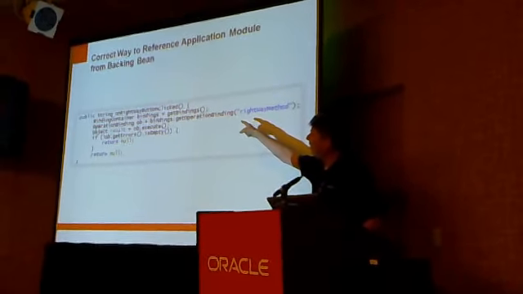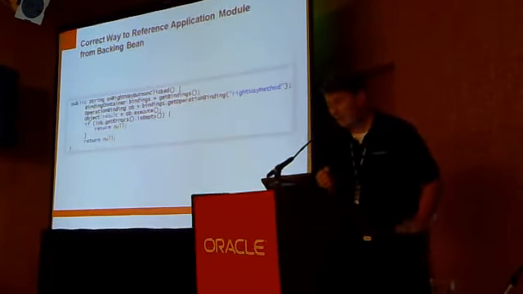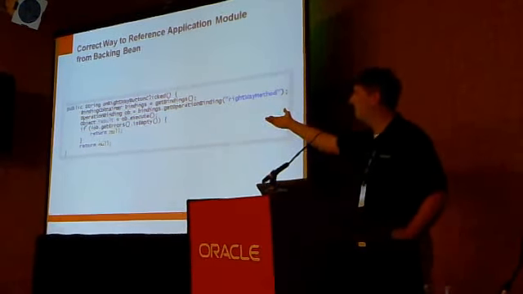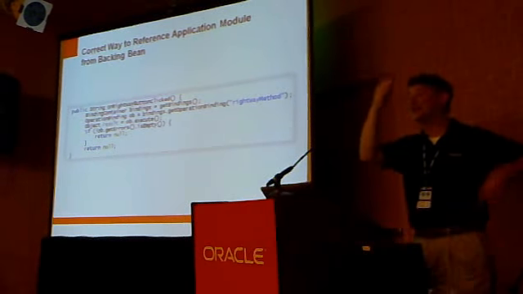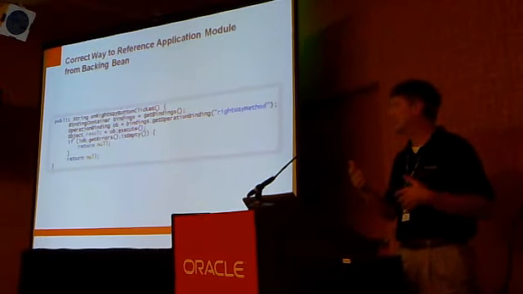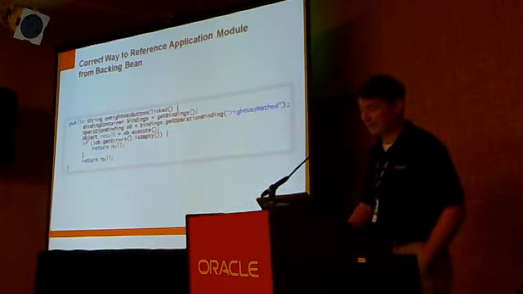So by getting a hold of the page definition with the get bindings method there, finding the operation binding by name, and calling its execute method, that's the right way to do things. You'll be using the same app module that the rest of the page is using. You won't end up checking out multiple app modules accidentally, and in general, your app will just work correctly.